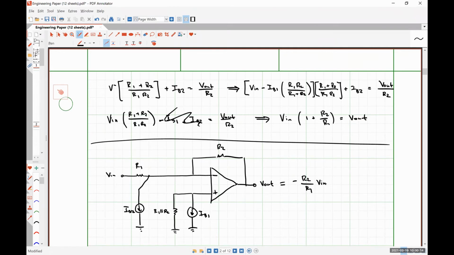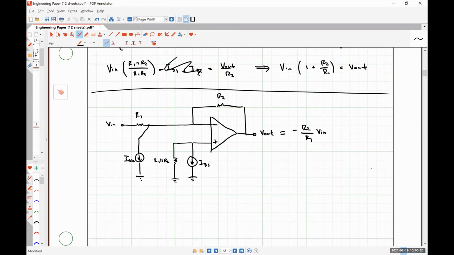Effectively, this methodology is just how you correct for input bias currents. Always just putting a resistance in series with the non-inverting input. And the value of the resistance is governed by the resistances you have in your feedback and input loop.